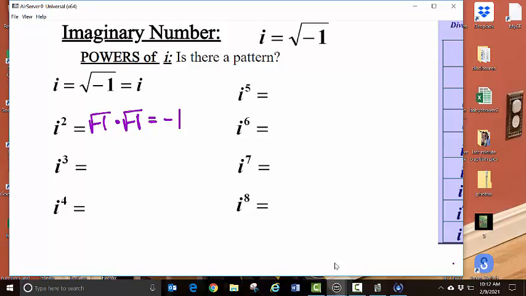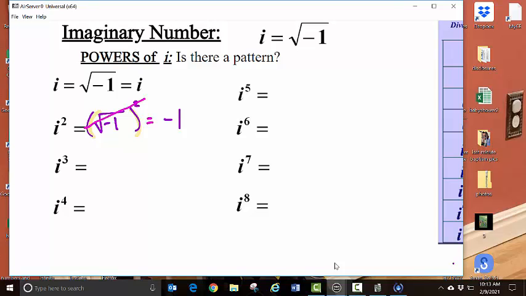Think about it. The square roots cancel out, right? If you have the square root of -1 squared, the square and the square root cancel out and you get -1.